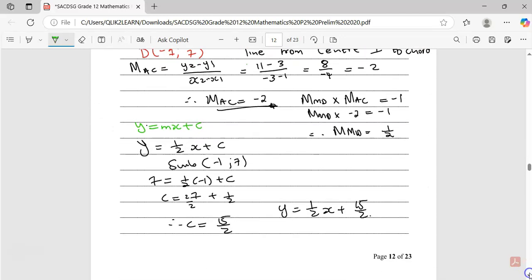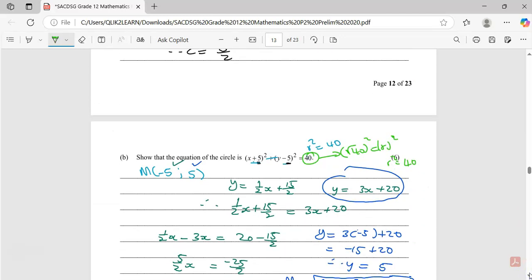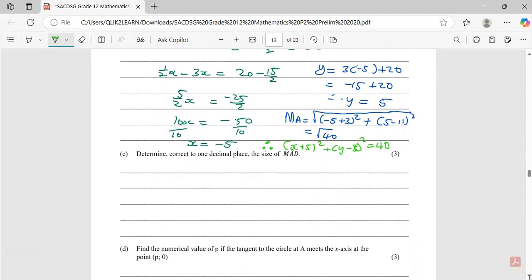Remember, on this question, we just proved that this is the equation of the line. If this is the equation of the line, we can calculate the radius. So we know that this line MA will have the distance of what? The distance of root 40. I can also explain why I'm saying this is equal to the distance of root 40.